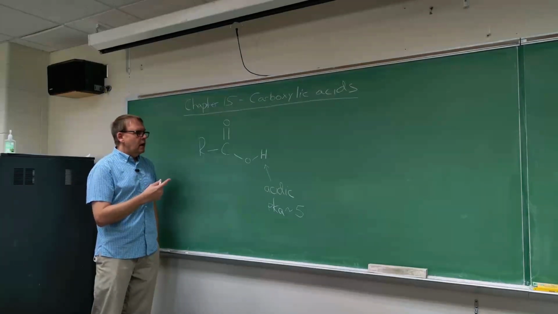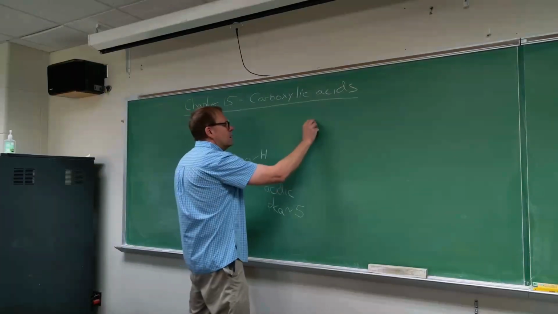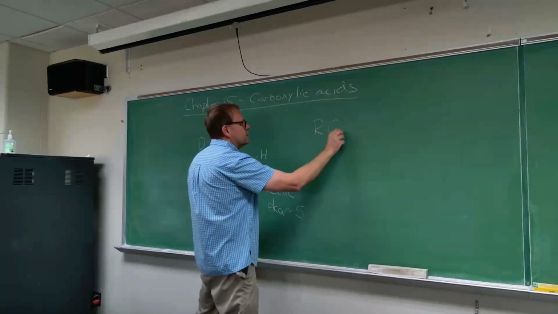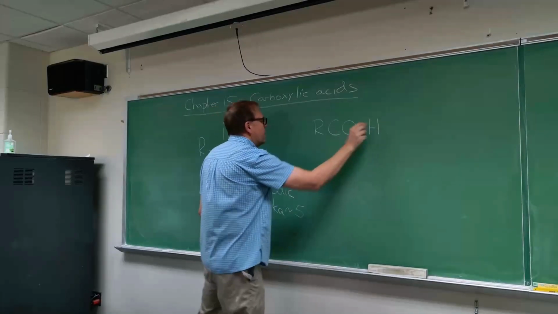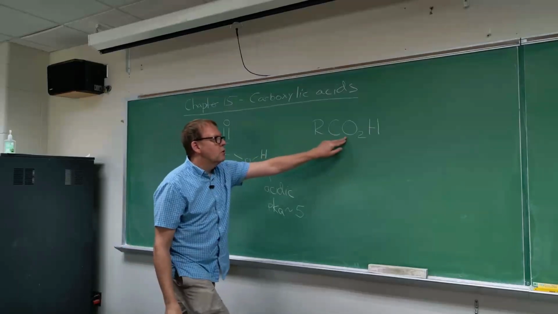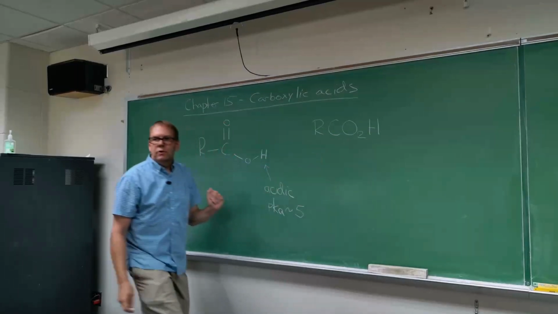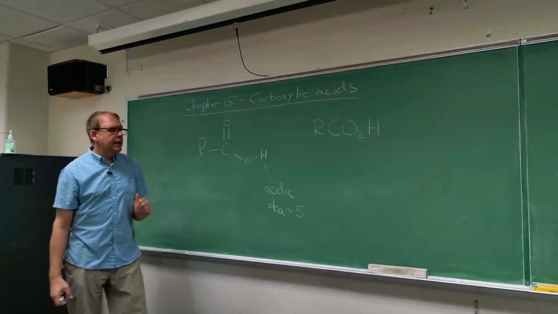These things are abbreviated. If you're looking at condensed structural formulas, you might see the molecule abbreviated as RCO2H. When you see that, you should think carboxylic acid.